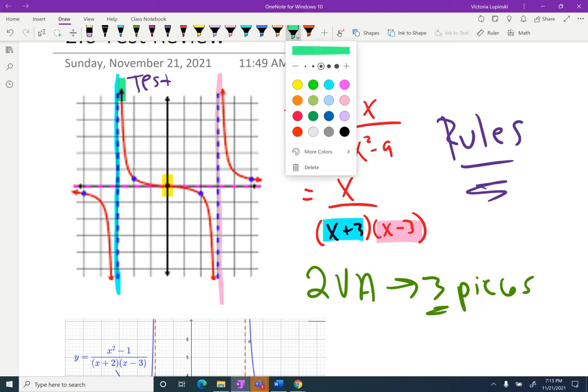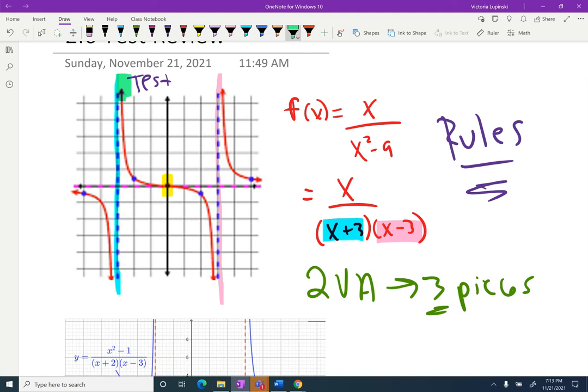Once you found out that this point here, let's say, has to be the green, you know that the middle piece has to look the way that it does, because it would have to go through the x-intercept and then travel down along the other vertical asymptote. Remember, horizontal asymptotes really only apply at the ends. So the fact that you crossed one in the middle is allowed as long as the values are small.